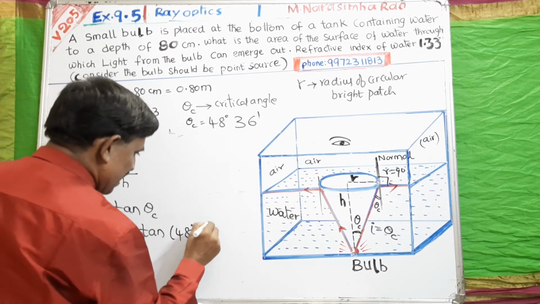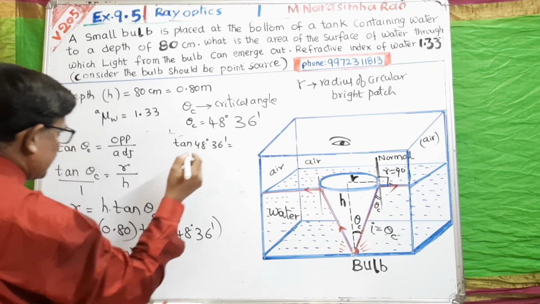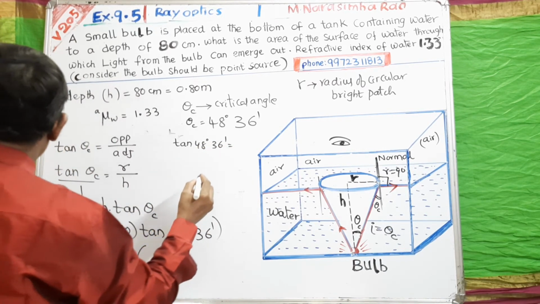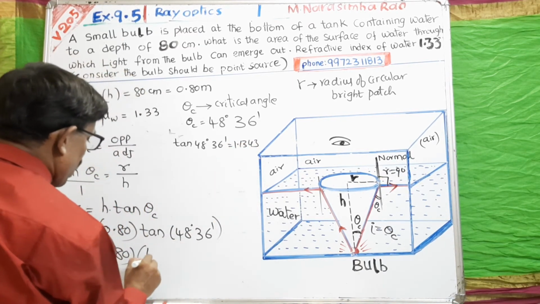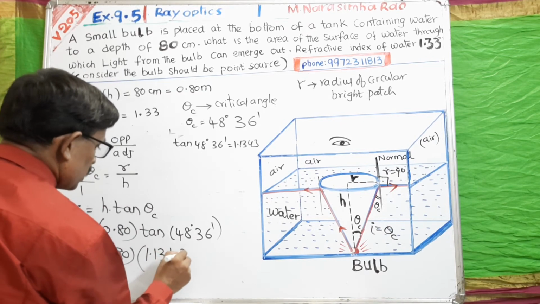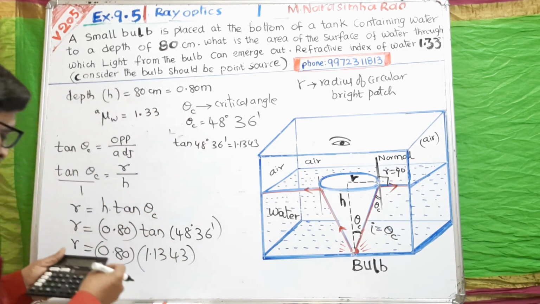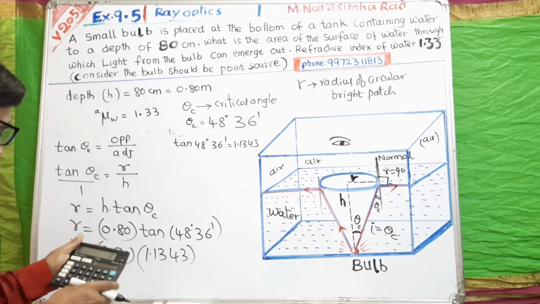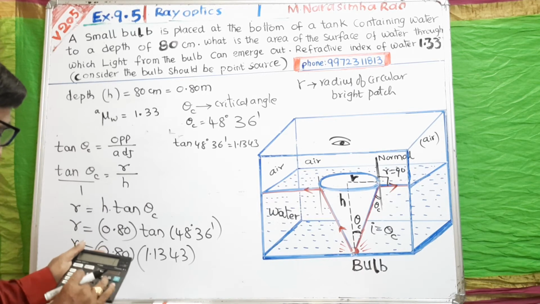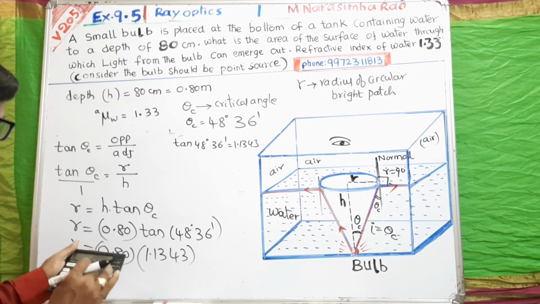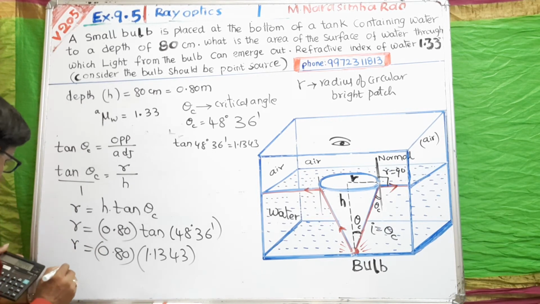is 1.1343. So R is equal to 0.80 into 1.1343, which is 0.907, about 0.91.